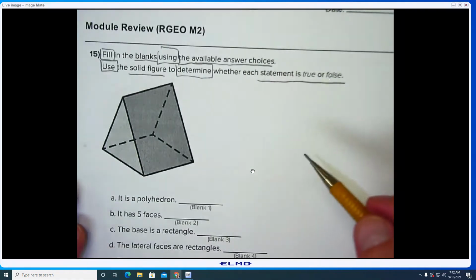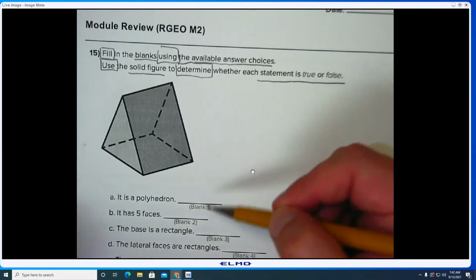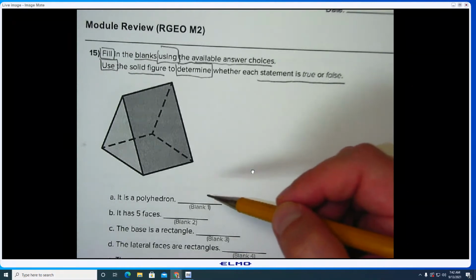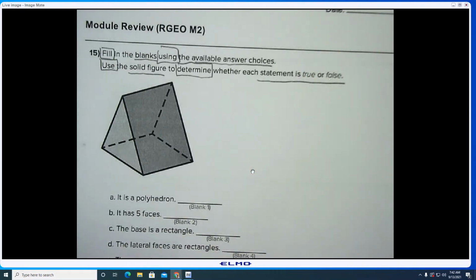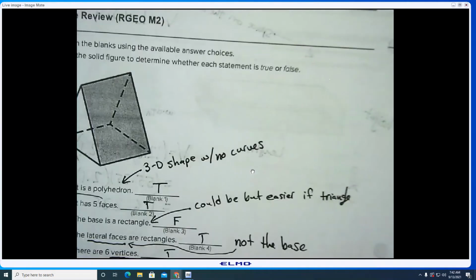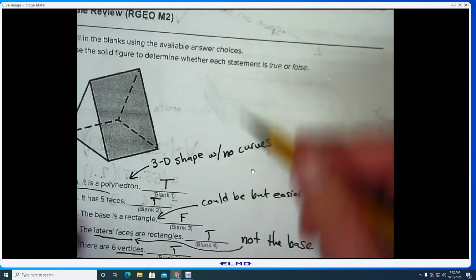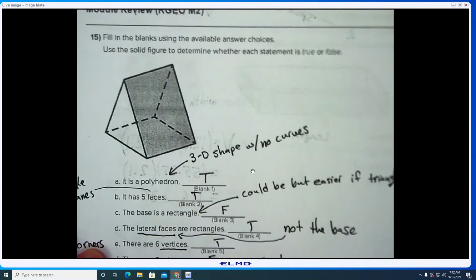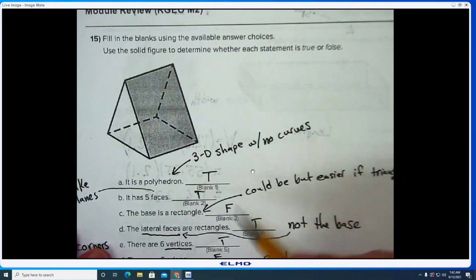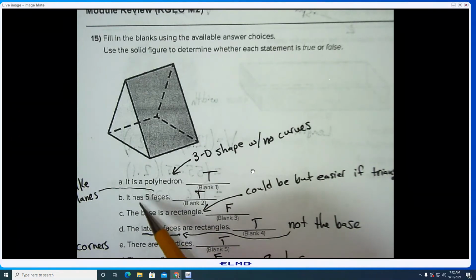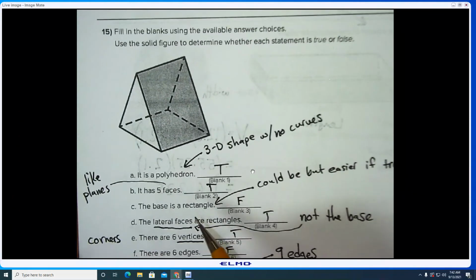Now, I have a few issues with this one, so I'll address those as we go through. It's a lot of vocabulary here, so it's analyzing the vocabulary and going through each one.